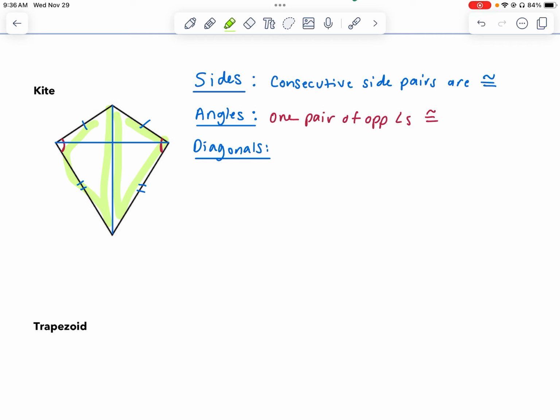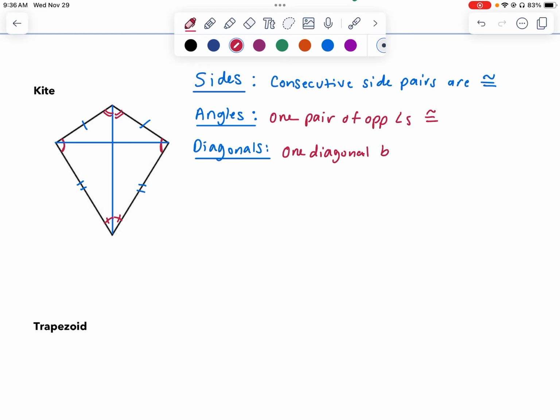Thinking about CPCTC, that allows us to say that this angle and this angle are congruent, as well as this angle on the bottom and this angle down here. So we can say here that one diagonal bisects the opposite angles. It's the non-congruent angles that end up being bisected.